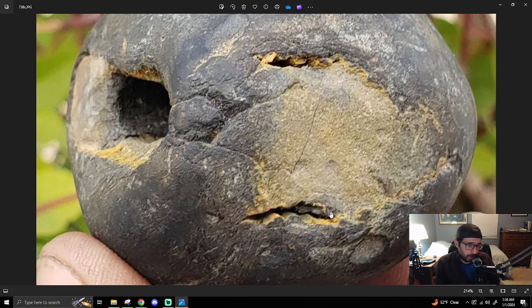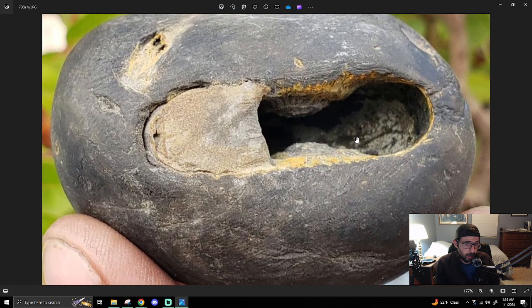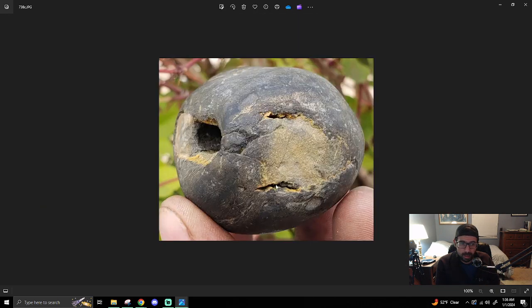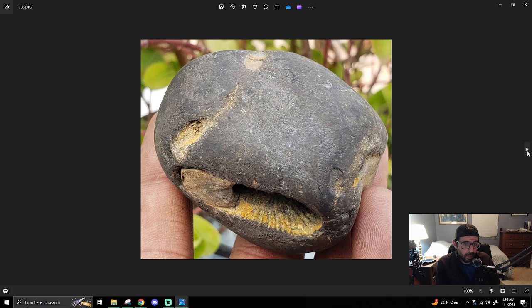I wonder if these connect back to that, to in here, down through underneath there, down and through the rock to come out over here. This goes up this way.